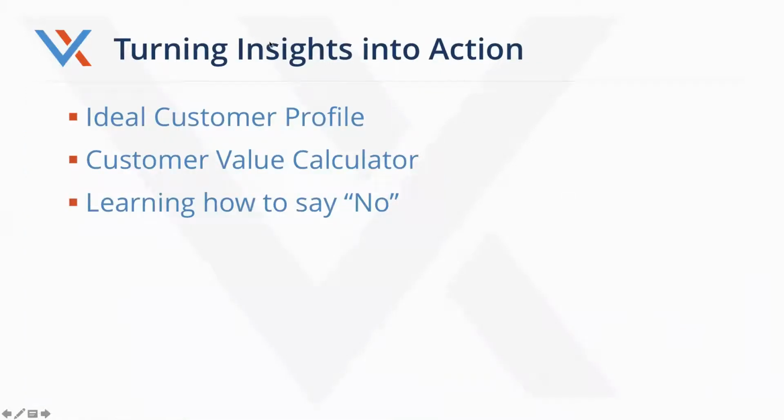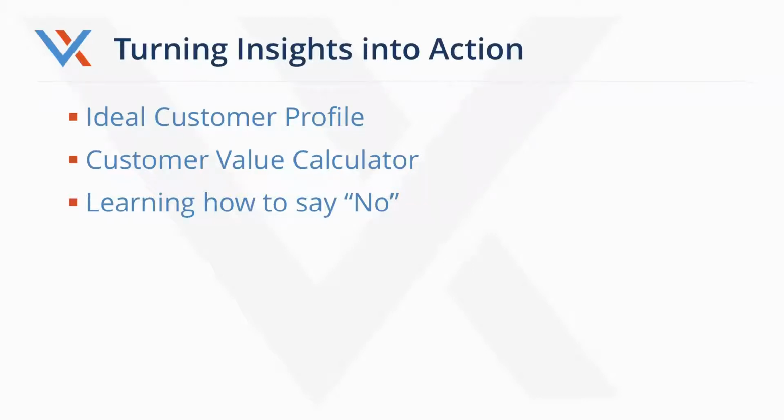So when you start to look at some of this data in your own customer lists, it's good to know that the bulk of our revenue comes from a small subset of our clients. How do you take that and turn it into action, which I think is the most important thing? At the VX Group, we're all about, for lack of a better term, rolling up our sleeves and getting things done.